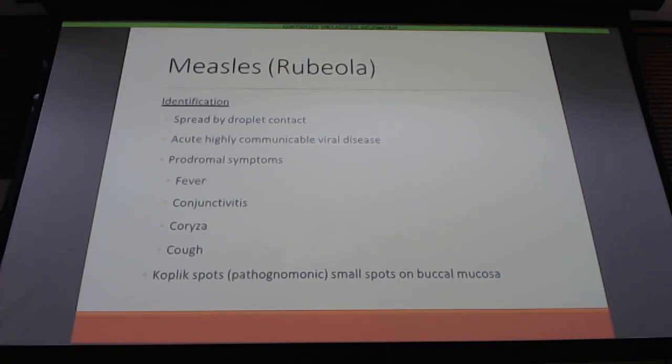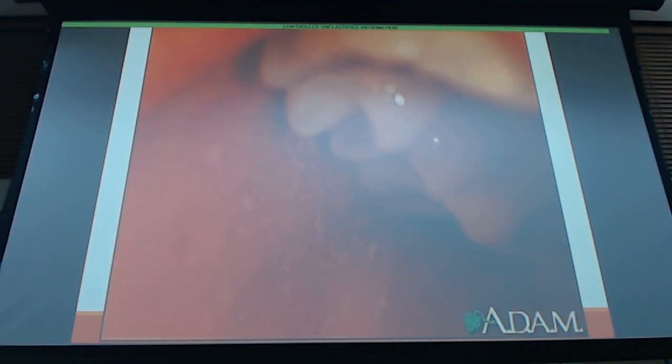So Koplik spots are just small spots on the buccal mucosa. Okay. They usually appear during the prodrome and before the onset of the rash that you get. They look like little grains or spots of little white sand inside your mouth. Okay.